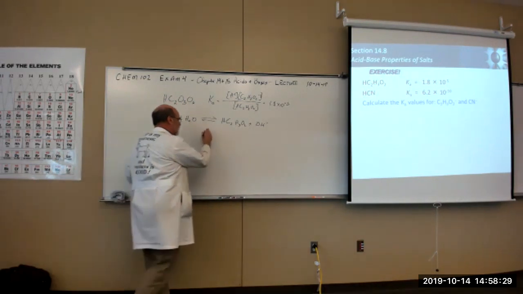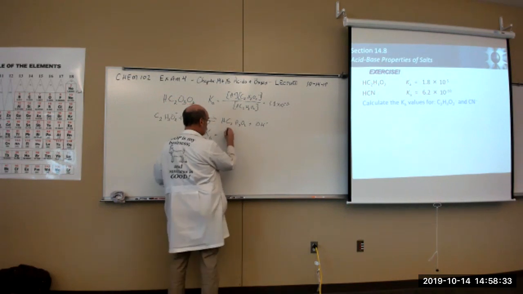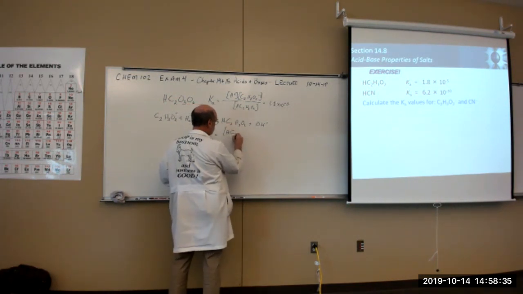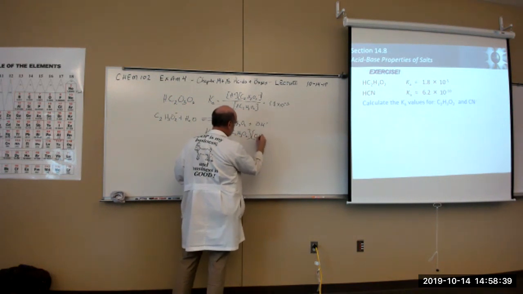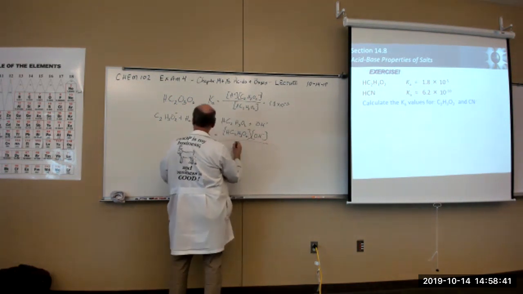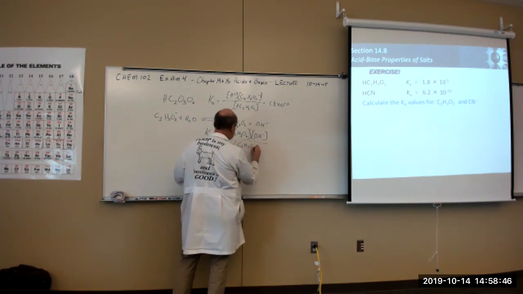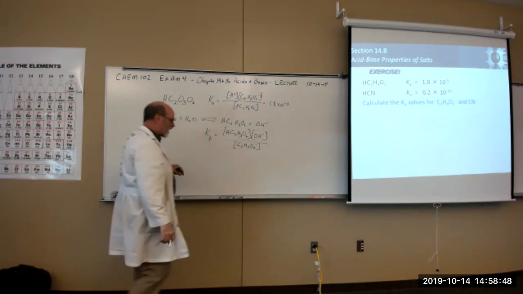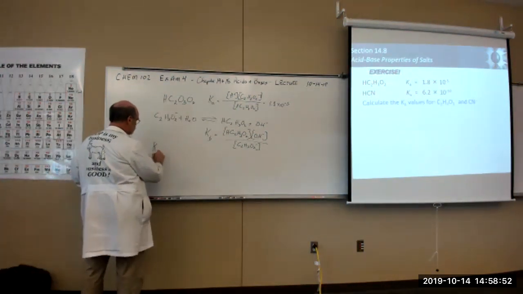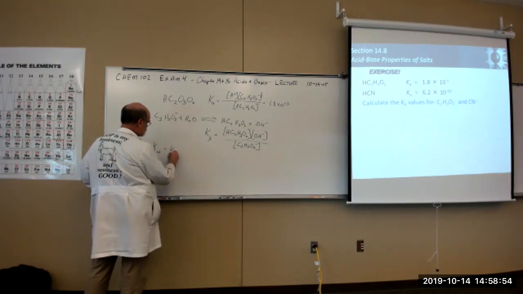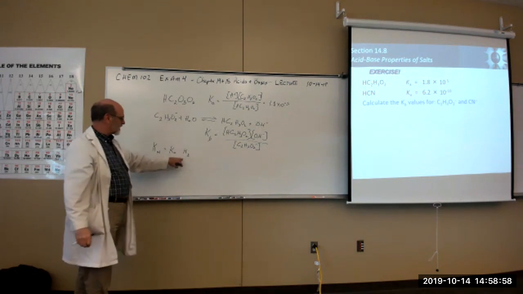So how do we calculate the Kb here? Well, if we have all the values, we just need this and that divided by this. But if we don't have the values, then we need this relationship: Ka times Kb equals Kw.